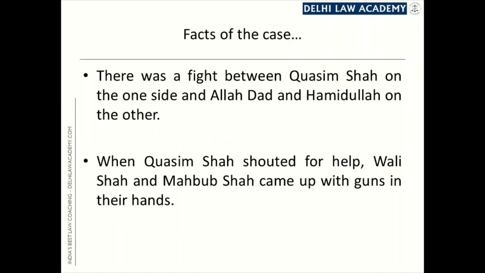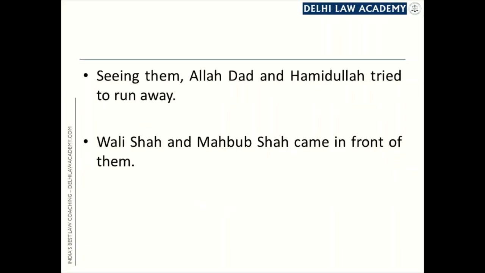Why? Because Wali Shah and Mehboob Shah had guns in their hands. So the other party, Allah Dad and Hamidullah, were scared and they tried to run away. But they were stopped by Wali Shah and Mehboob Shah. They came in front of them.